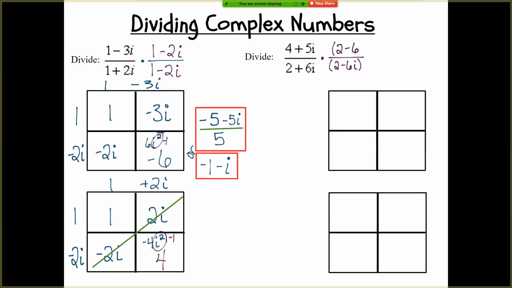So negative 6i. So 2 minus 6i is our conjugate. That is what we're going to multiply the top, the numerator, and the denominator by. So for our numerator, we're going to take the 4 plus 5i and we're going to multiply by the 2 minus 6i.